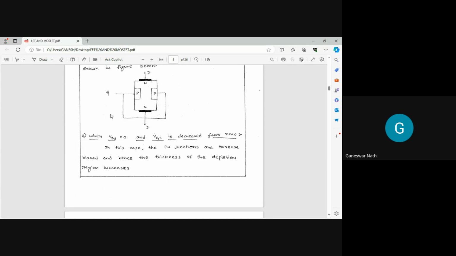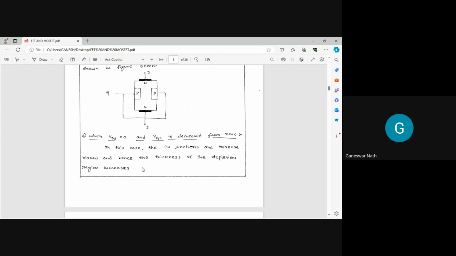So when VDS is zero and VGS is decreased from zero, what you can find in this case is that the PN junction is reverse biased, and hence the thickness of the depletion region simply increases.